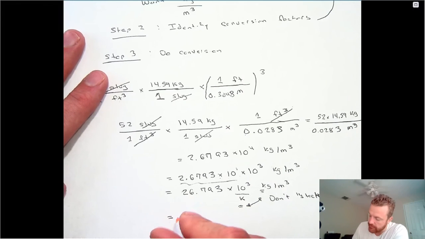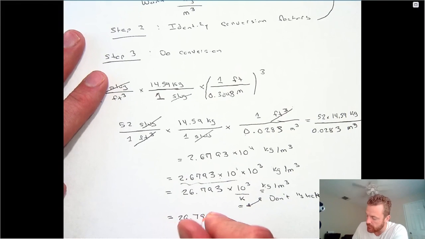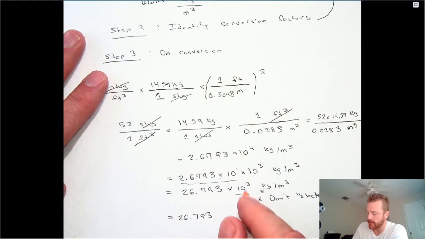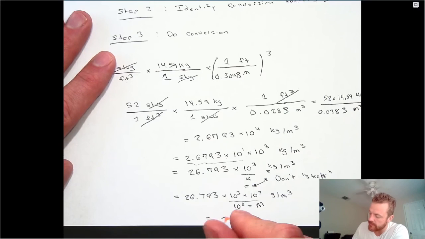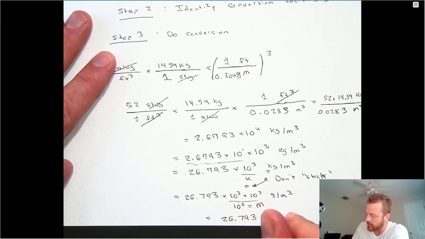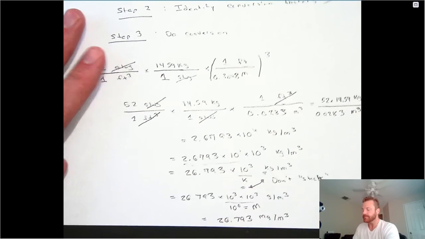What you want to do is take and combine those two prefixes together. Remember that kilo is 10 to the third. We know that. And if you have two factors of 10 to the third, this would just be 10 to the sixth, which is mega. So that's how on the slides I'm getting that answer of 26.793 megagrams per meter cubed.